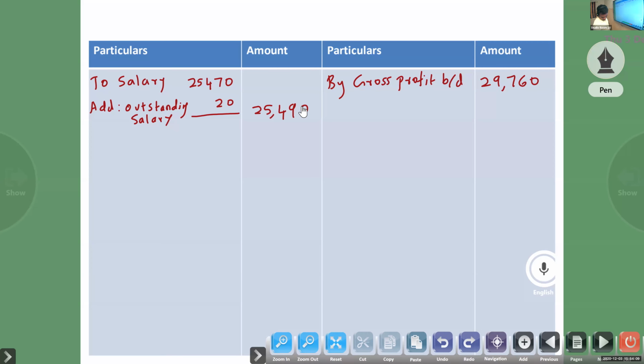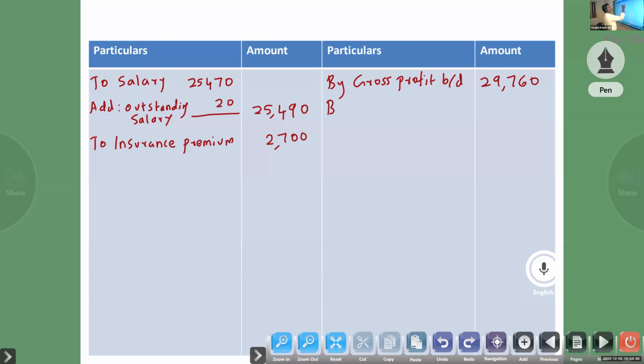Next, insurance premium. Any adjustment? No. So to insurance premium, the amount is 2,700. Next, interest received, credit side.